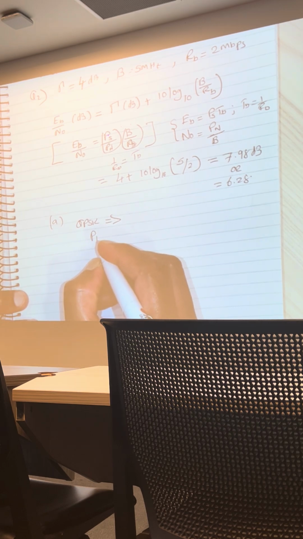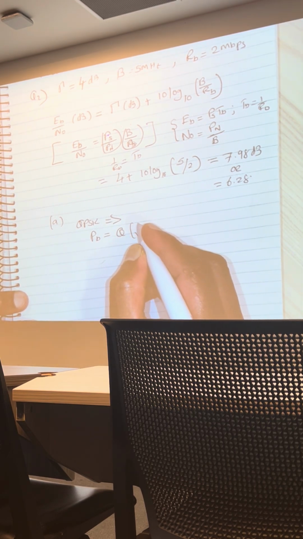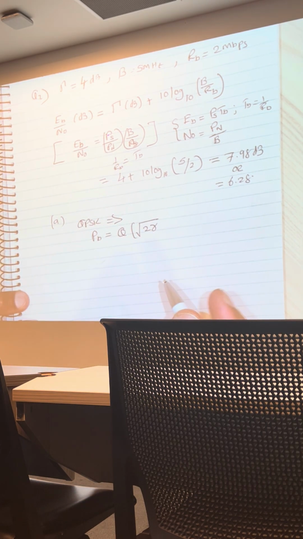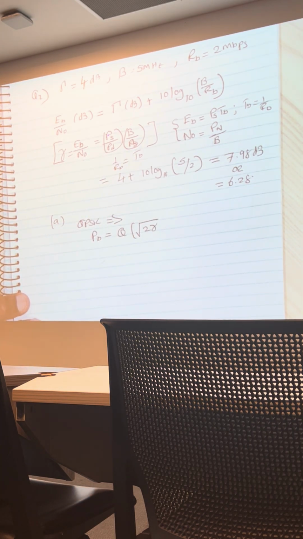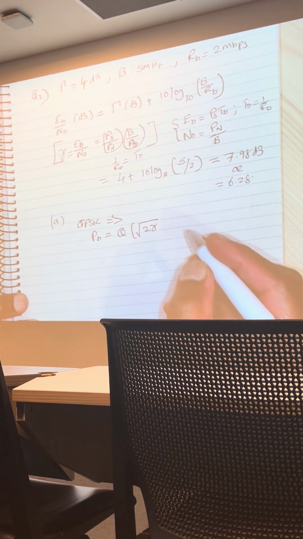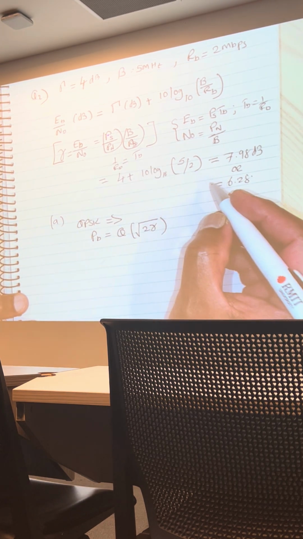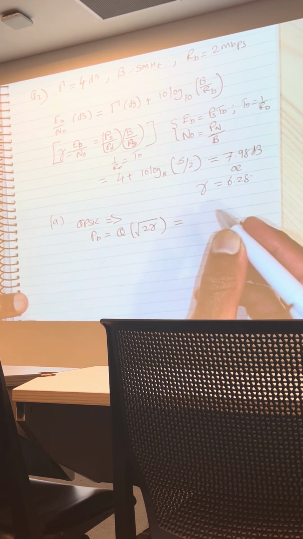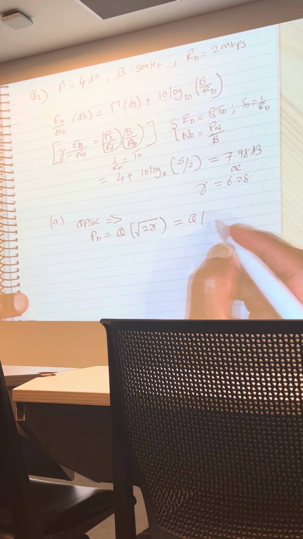The bit error probability for QPSK is Q of square root of 2 gamma. So let me define this as gamma here. All right. Okay, so this is gamma and this is gamma here. And then we just need to substitute the value, and that will become Q of 3.54.